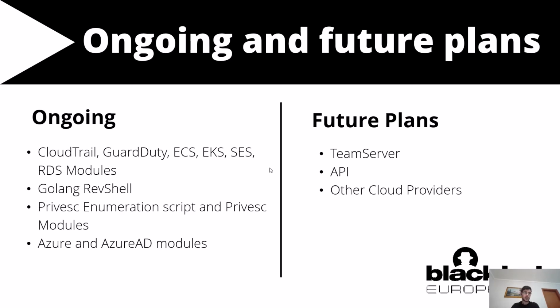As for the future plans, and I'm talking about probably next year, I want to work on a team server, a service that will allow different teammates to connect to it, and then all the output will be saved in one place so that they can have collaboration for everything.